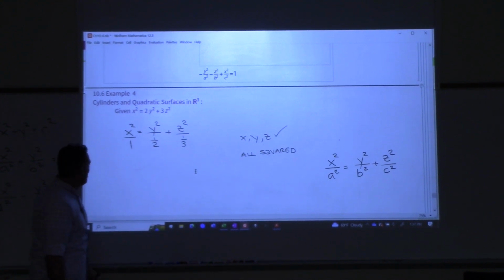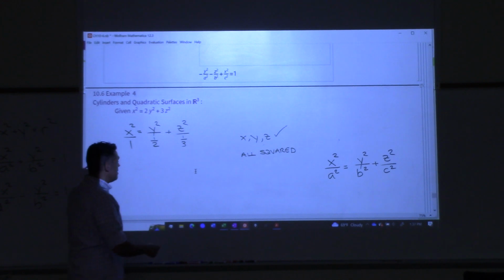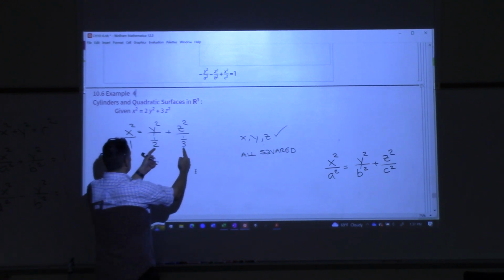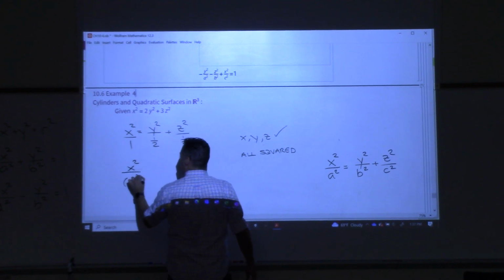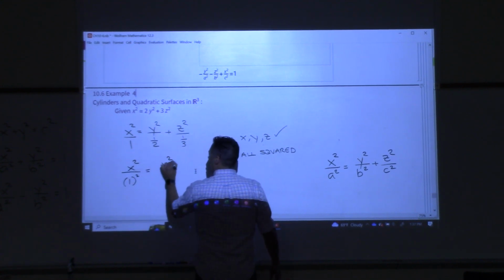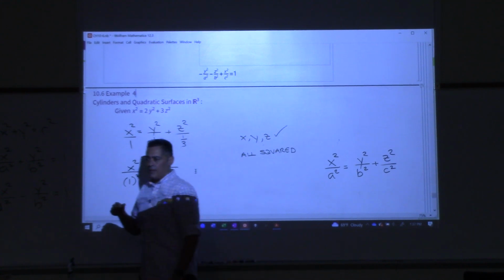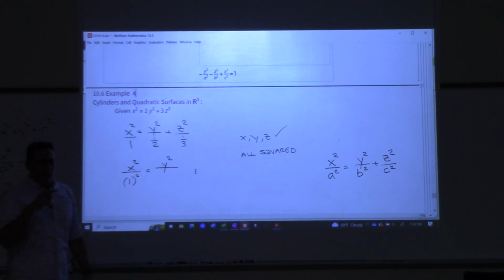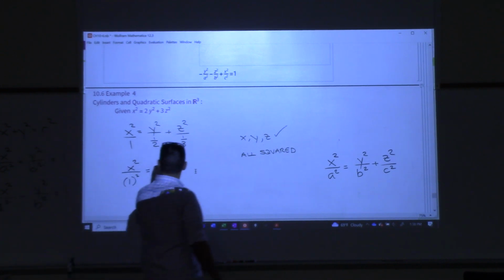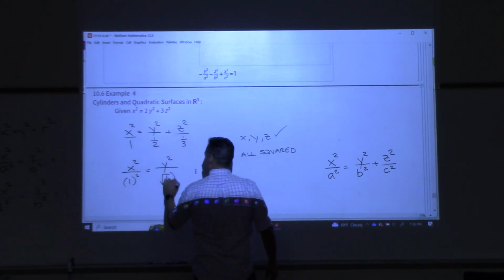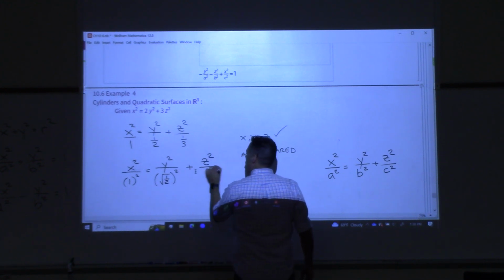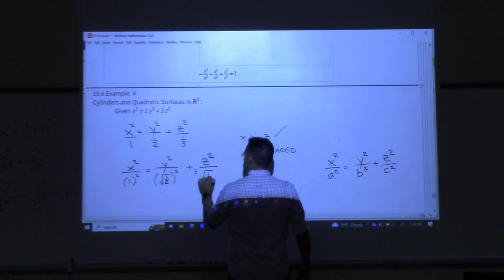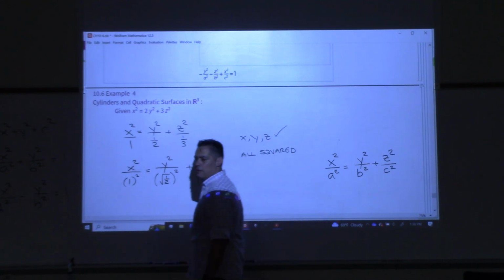And then this side would be over 1, right? And so now what I could do is those things on the bottom need to be something squared. So I'm going to write this as x squared over, well, 1 is 1 squared. This is y squared over, to rewrite 1/2 as something squared, I'm going to put the square root of 1/2 squared, plus z squared over the square root of 1/3 squared.